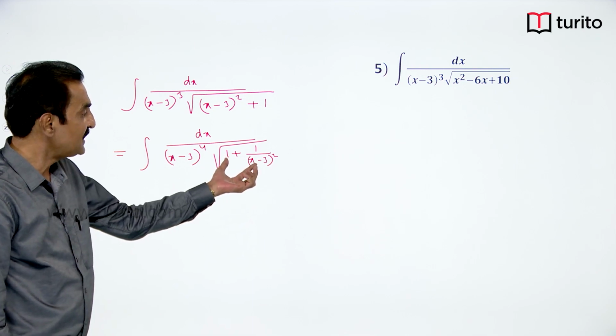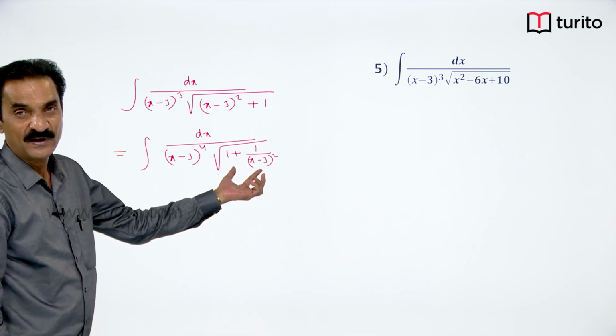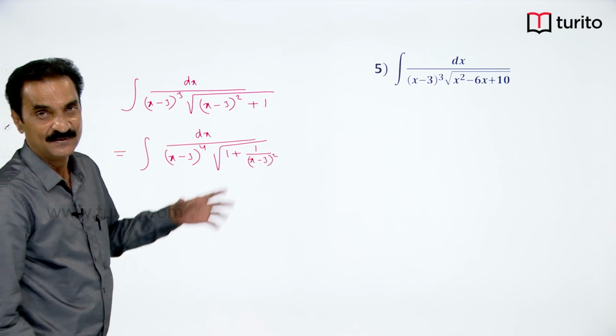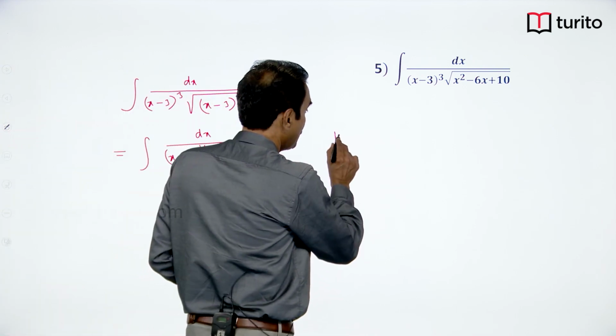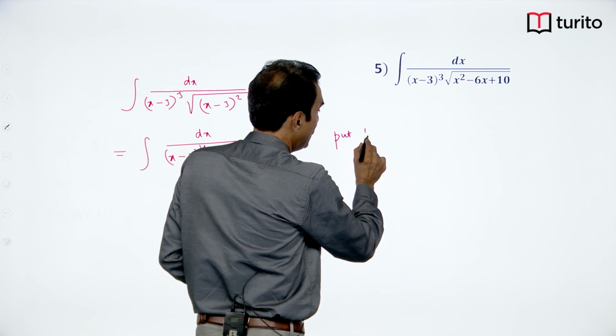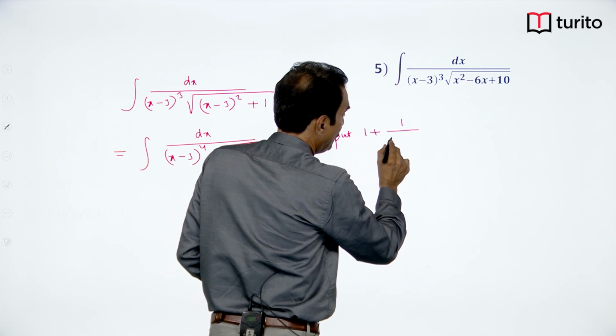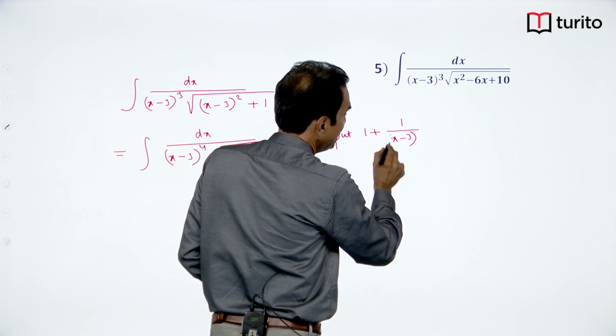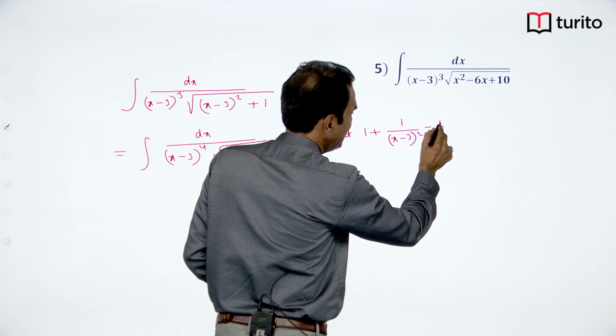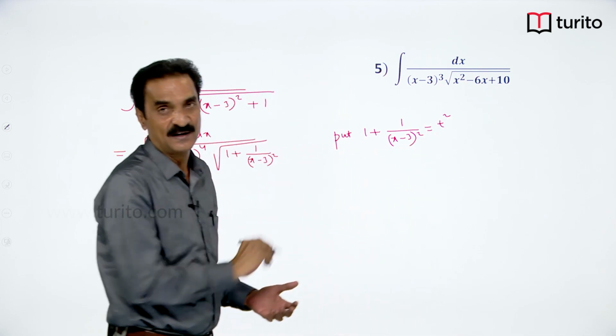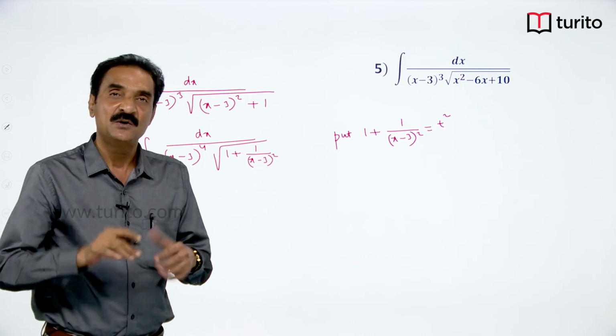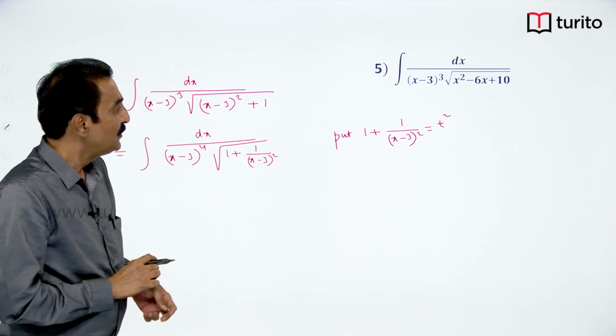Now you put 1 plus 1 by (x minus 3) whole square as, instead of t, it is better t square, because the square root is also there, we can rationalize it. What is the derivative?